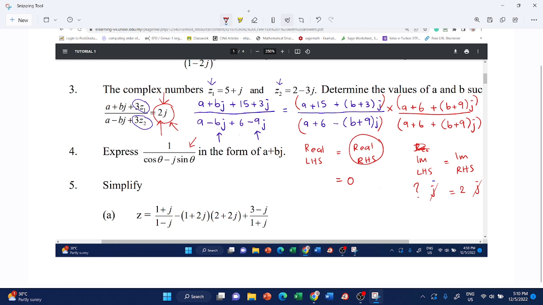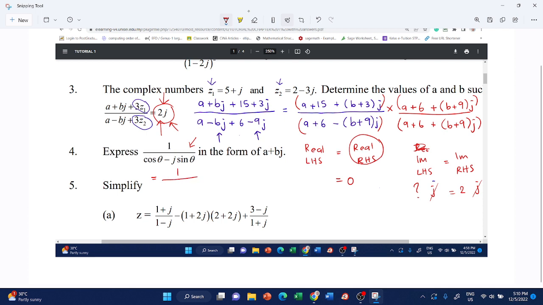Can we use the cos sine theta, the theorem? No. You just use the conjugate also. Because it's a fraction, right? Yeah. Okay, so it will multiply with the conjugate.